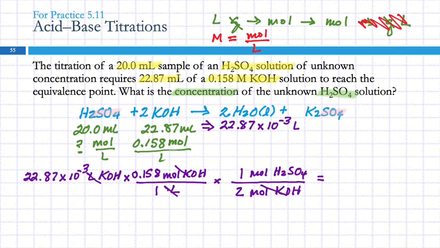So 22.87 EE negative 3 times 0.158 divided by 2. 0.0 We should have 3 sig figs because this has 3 sig figs. 0.01867 moles of H2SO4.